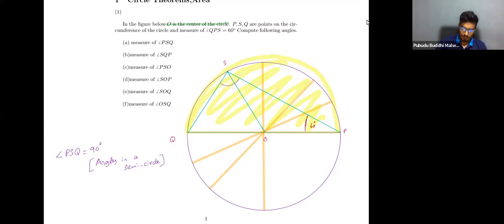This one equals 90 degrees. Now we need this one. For that, we can use a triangle. I initially mentioned we have three triangles here, so we can use the bigger triangle to compute SQP. I'll show you.